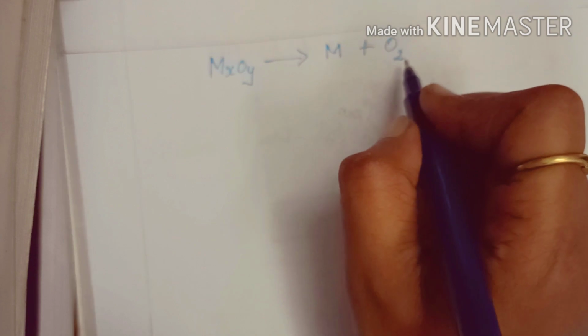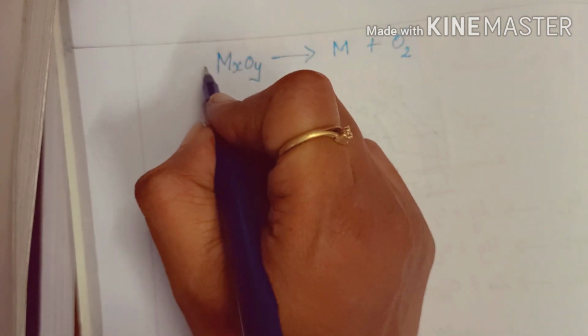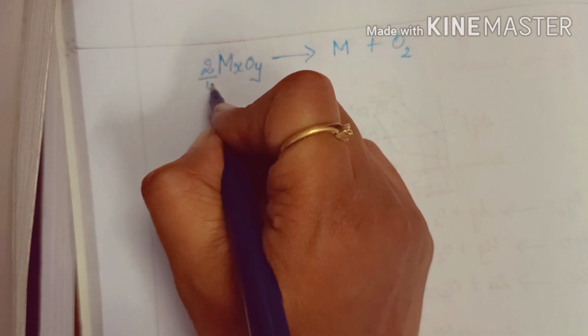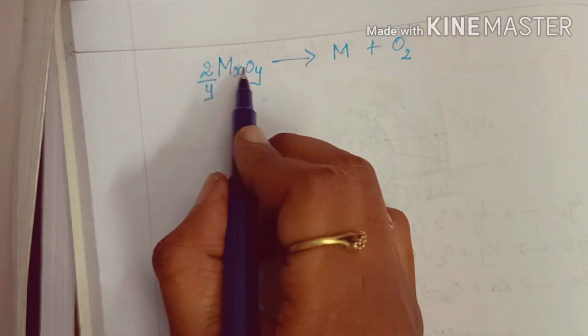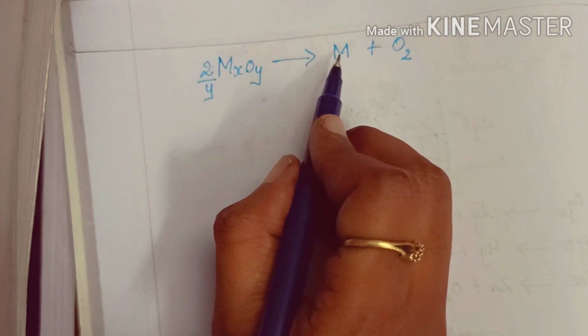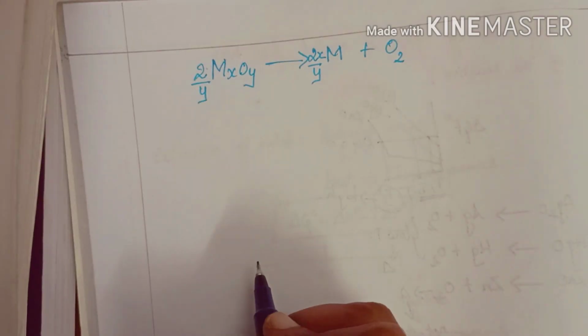Here you can see it is O2. Hence, if I balance this equation, now if I multiply this term by 2 by y, so here y and y will get cancelled, so O2 will be remaining. And to balance this metal, I should multiply by 2x by y.